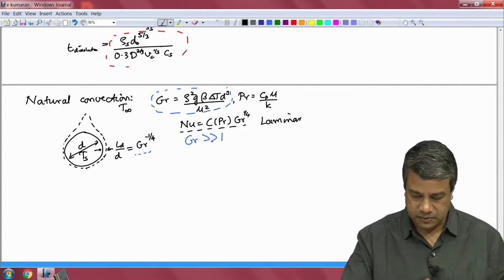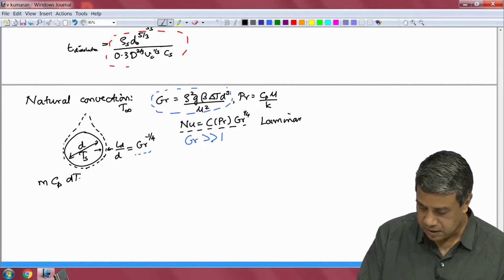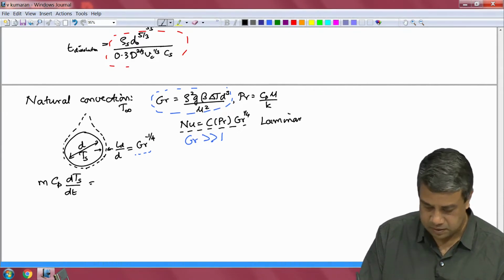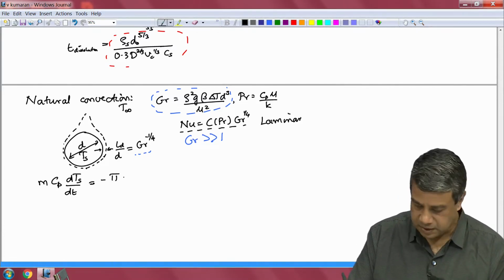And the balance equation, if you recall, was m Cp dTs by dt is equal to minus pi d square times q average.